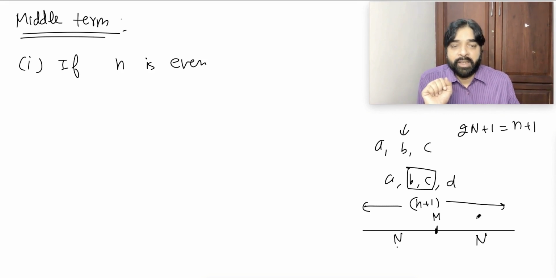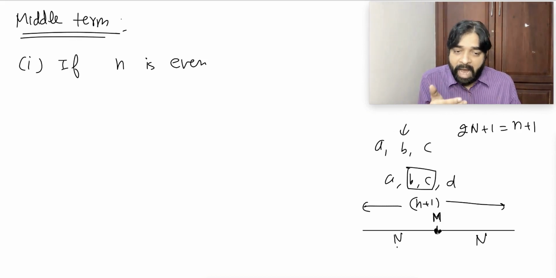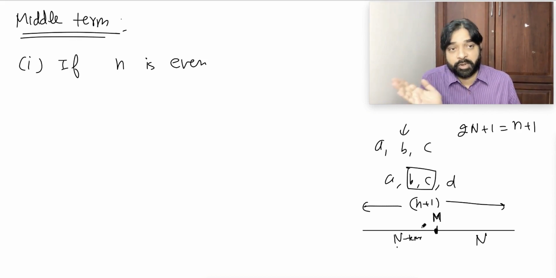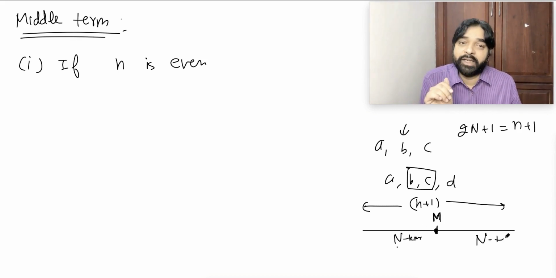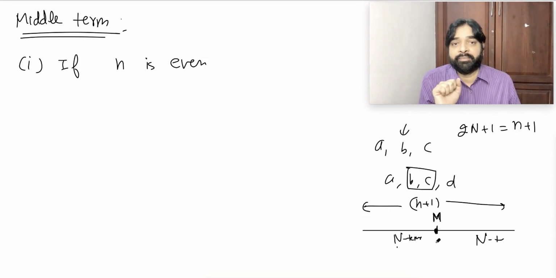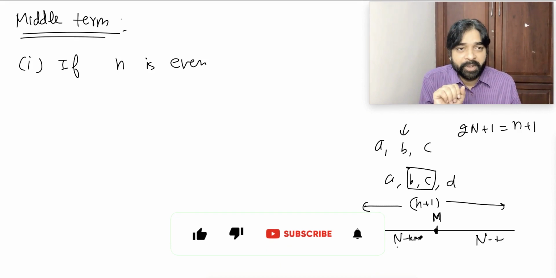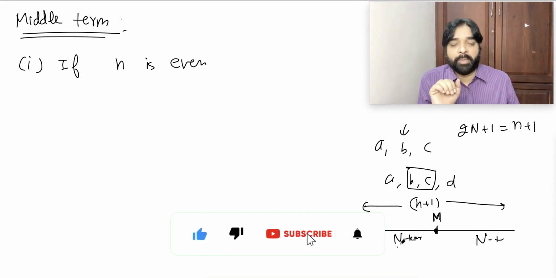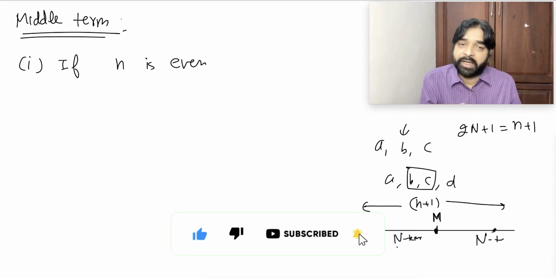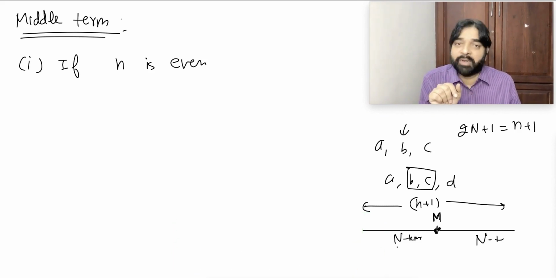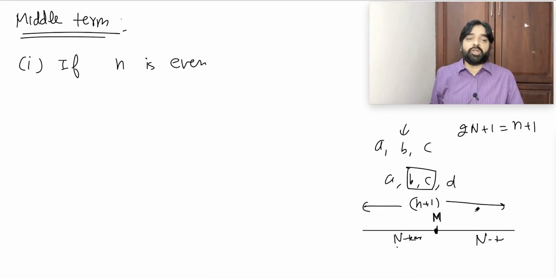Understood everybody? I assume capital M is the name of the middle term. It's single. I am assuming before this N terms are there, so after this there will also be N terms, because capital M is the middle term. So before and after, the number of terms will be the same. So total number of terms becomes how many? Capital N terms here, N terms there, and plus 1 middle term. The total number of terms will be 2N plus 1, and that will be equal to small n plus 1.